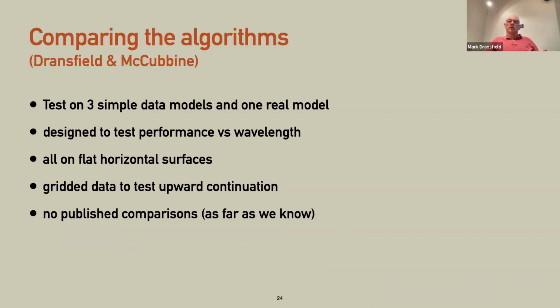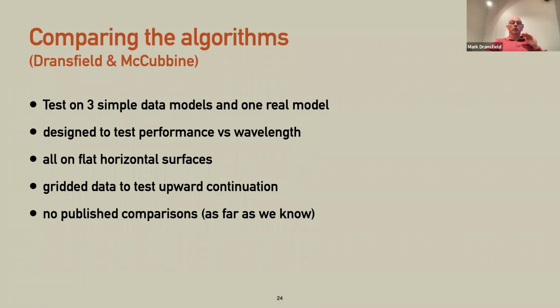So late last year, Jack McCubbin and myself did some, I'm going to say work, but it was close to play, just kind of having some fun with comparing the different algorithms. We used some very simple data models and one more realistic model. And the interest here was, how do these different algorithms compare as a function of wavelengths in the data?